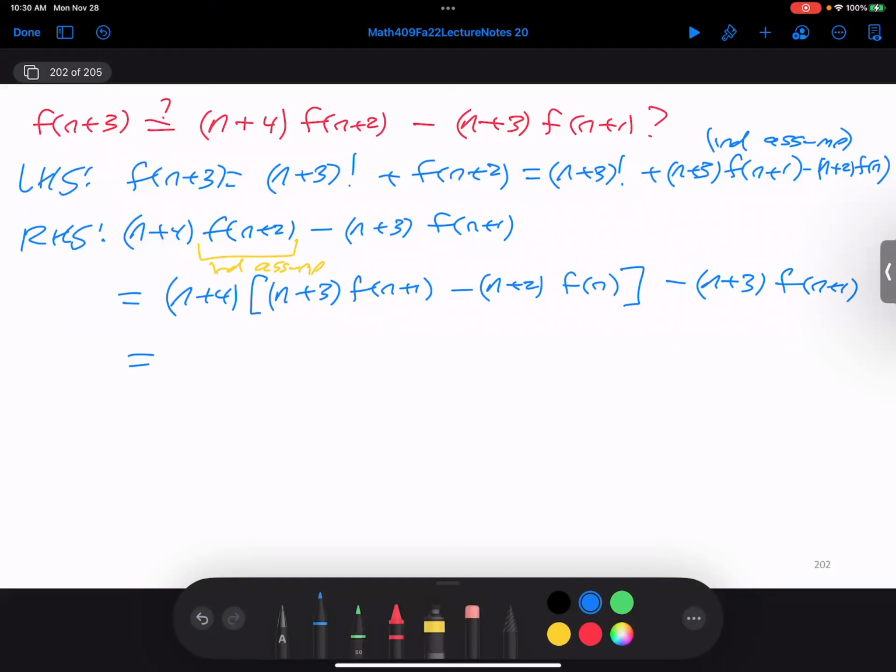When I take the F(n+1)s, I get (n+4)(n+3) minus (n+3), so that's n plus 4 minus 1, which is just n plus 3, so I think it's an (n+3) squared.